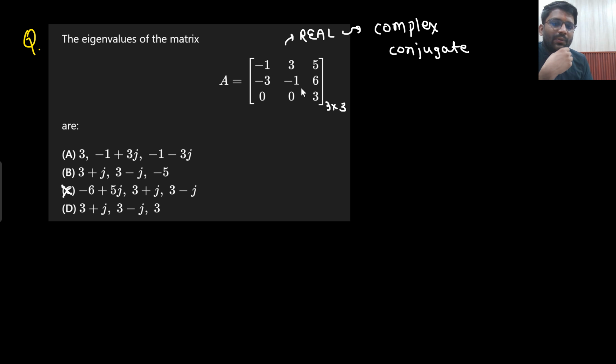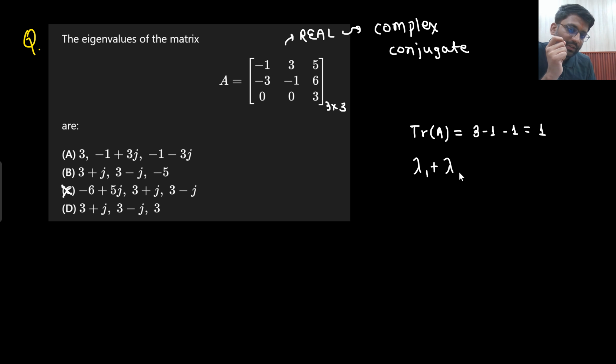Next, you know what is the trace of A? Trace of A is nothing but 3 minus 1 minus 1, that is 1. So trace of A is 1. So you need to check those options where the addition of eigenvalues is giving you 1. So if I check the addition here, I am getting 1 here.